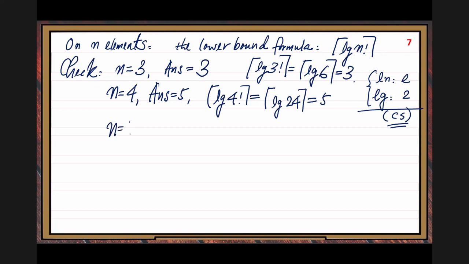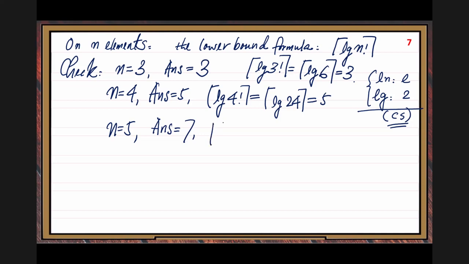So let's try another one. n equals 5. I did it in one of the problem solving videos I gave you before, the answer is 7, right? We did it in 7 comparisons.